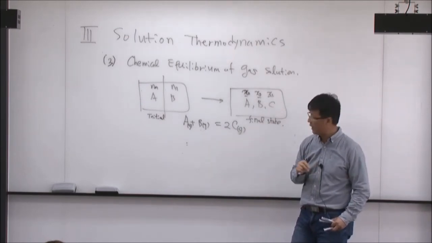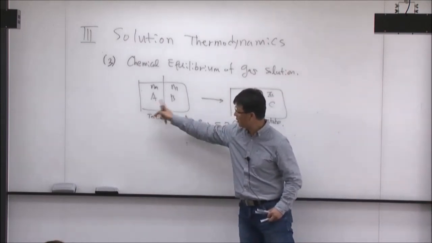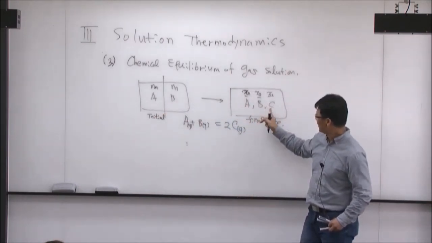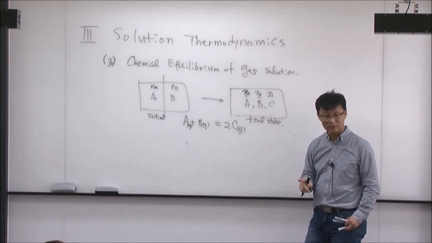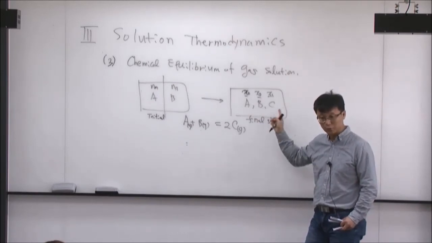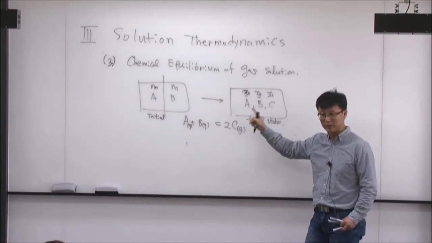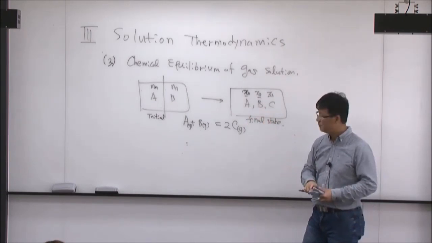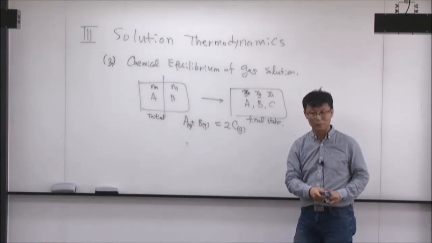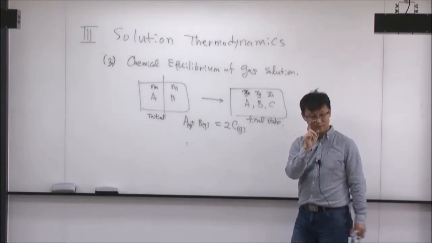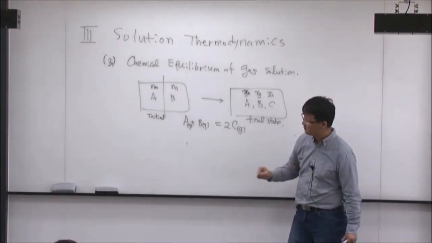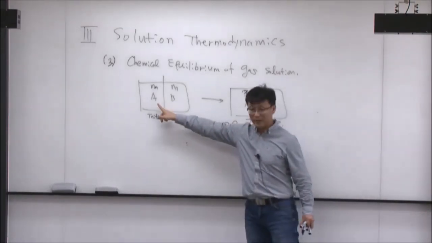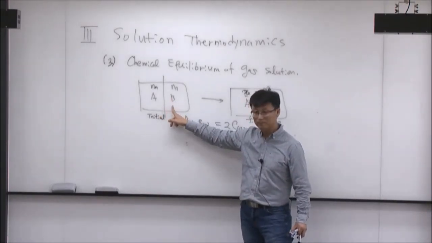Okay? Then, if I mix 1 mole of A and 1 mole of B, how much C will you get in the final state? Are you going to get 2 moles of C and 0 moles of A and 0 moles of B, or not? Let me ask you one more time. Listen very carefully. I have 1 mole of A and 1 mole of B before.